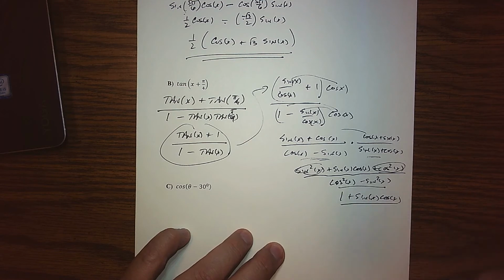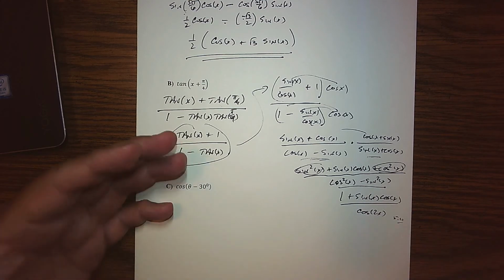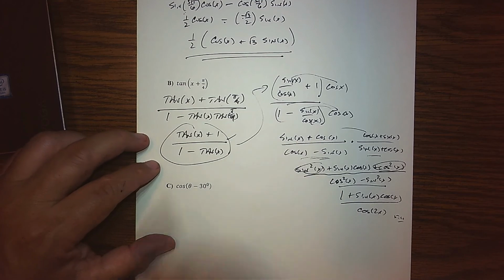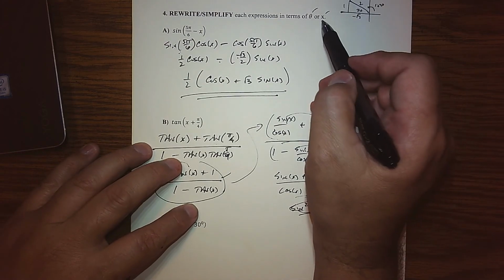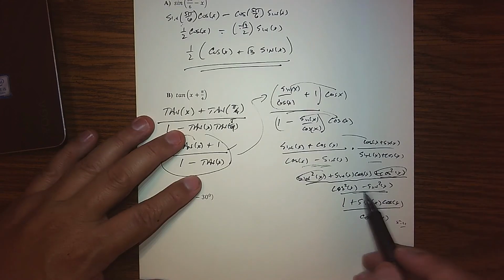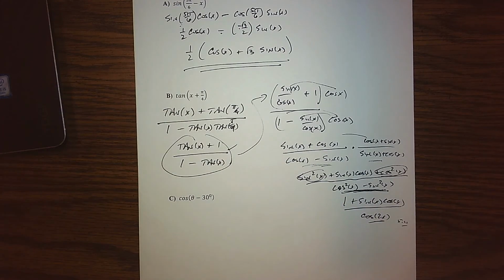Then on the bottom, from previous work, we know that's the cosine of 2x, and I'm kind of thinking of 5.4. But here's why I'm going to decide to keep it here: notice I've kind of gone away from what I want, which is things in terms of theta and x. Right here we still have it in x, but now it's 2x. So I've shifted gears to try to get rid of that.